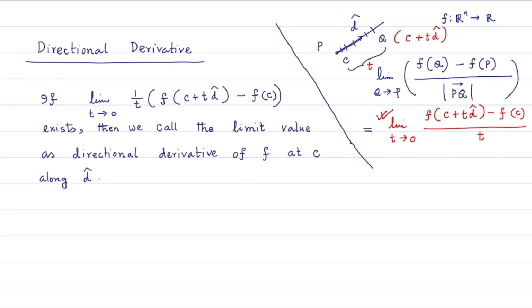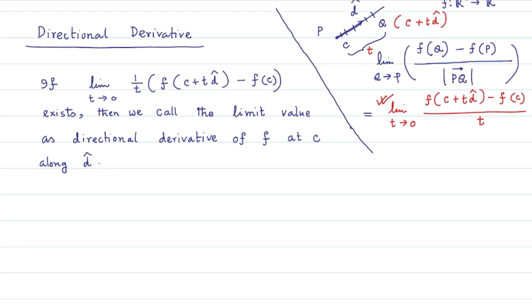We commonly denote this limit value, when it exists, by the notation f dash at the point C along the direction d hat. Here I must put a very special note that this direction d hat is a unit vector.